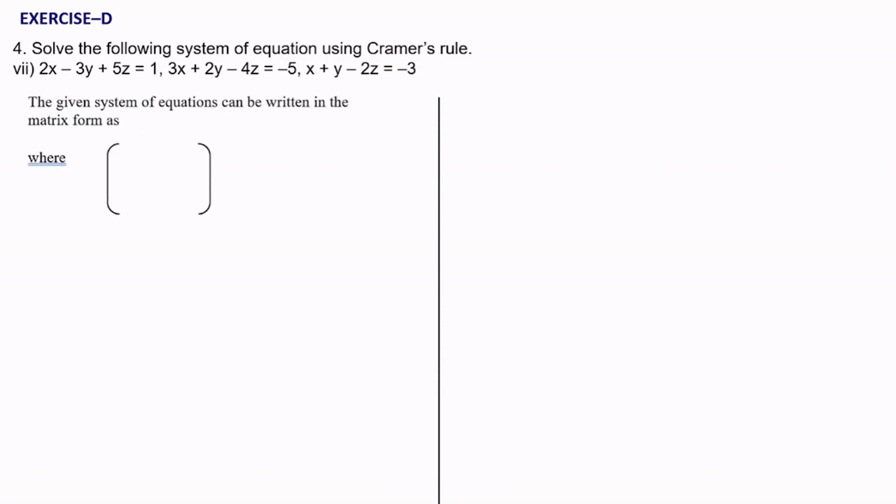The given system of equations can be written in the matrix form as Ax equal to B, where A equals 2, minus 3, 5, 3, 2, minus 4, 1, 1, minus 2, X is x, y, z, and B is 1, minus 5, minus 3.